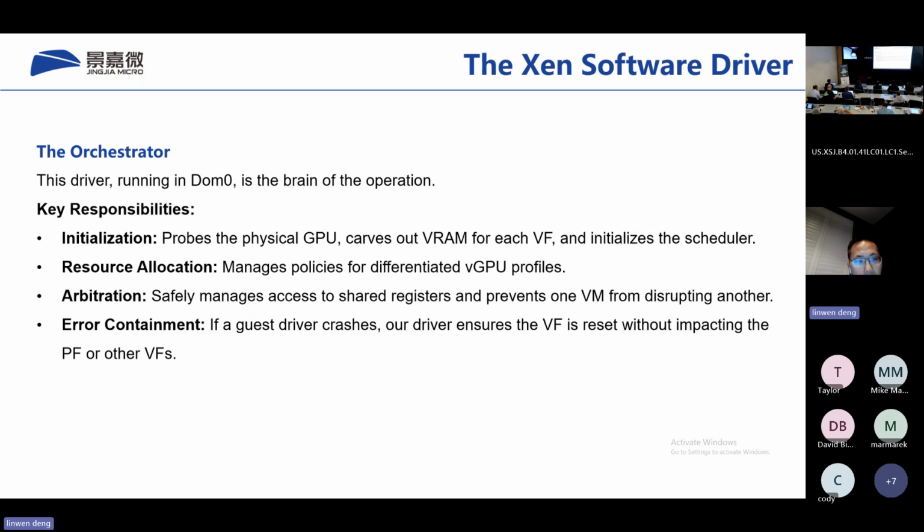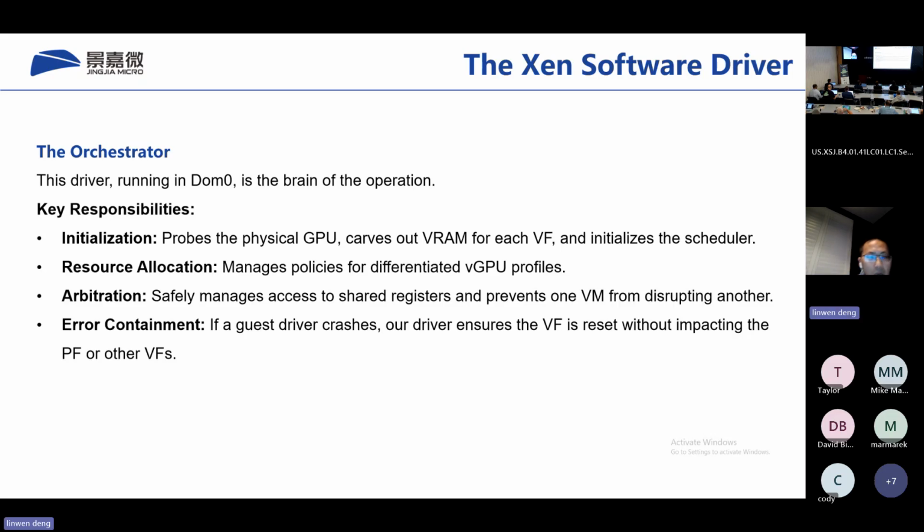For example, if a VM runs a high-end design application, it has a large vGPU profile, so we assign more clusters. Then, for a VM used for light office tasks, we assign fewer, to ensure fair and efficient resource utilization.